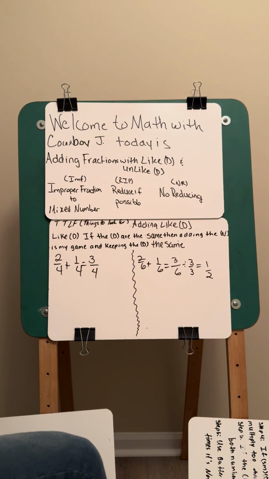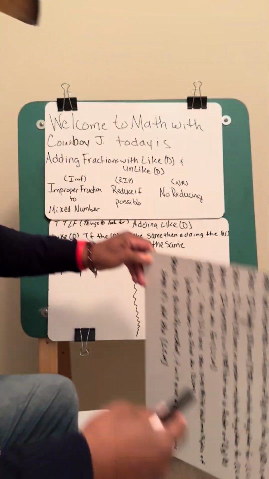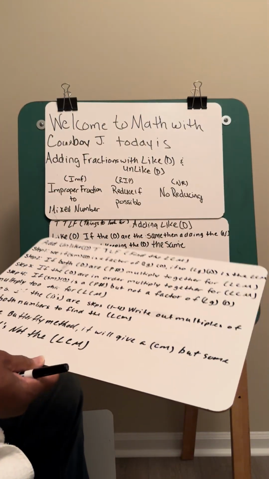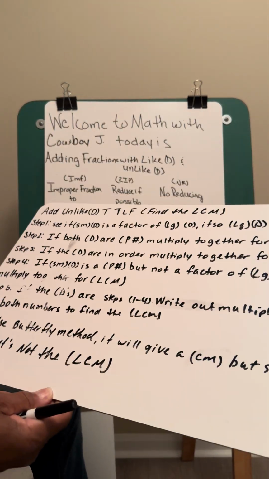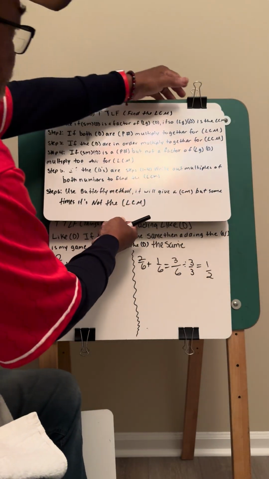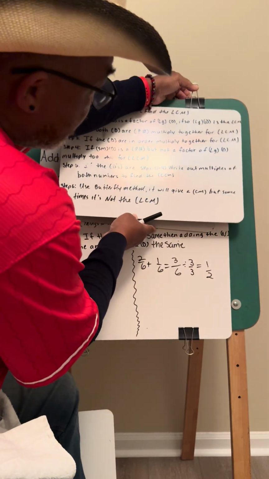adding like denominators. Now we're going to go into adding unlike denominators, and get into a little bit more detail. So I want to put this up here over this one.